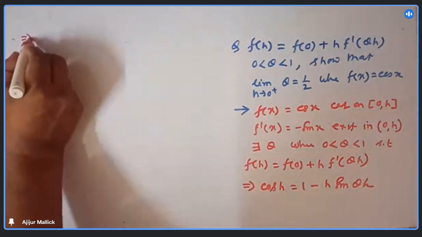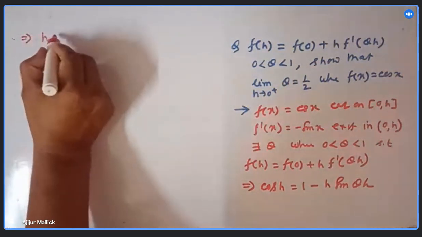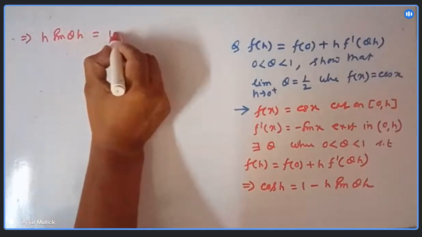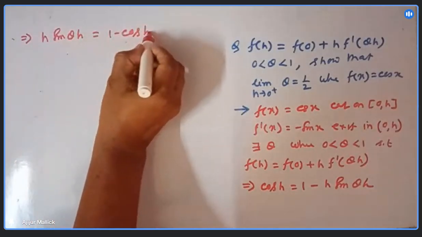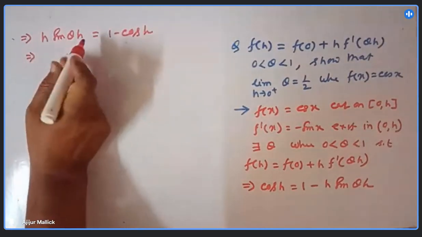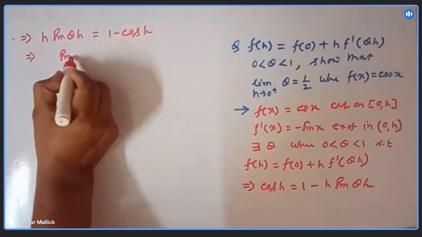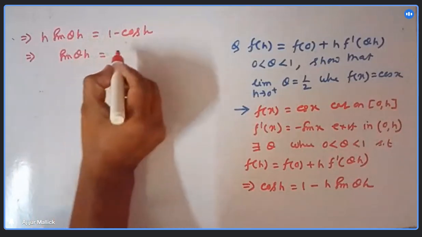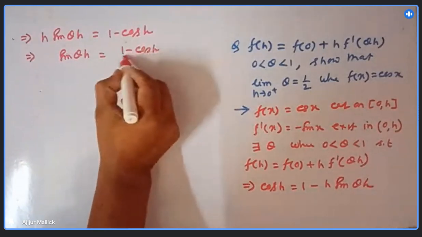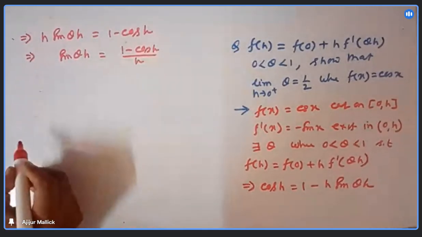So this will give you h into sin theta h is equal to 1 minus cos h. So we shall write it this way: sin theta h is equal to 1 minus cos of h divided by h.